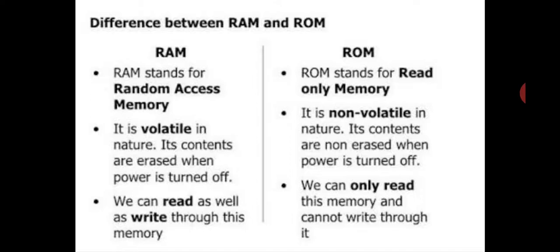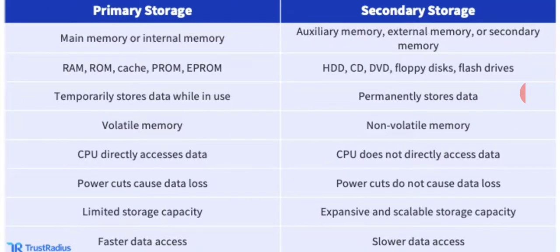Then, what is the need of having a secondary memory in the computer? Is this question arising in your mind? So let us compare the primary memory and the secondary memory of the computer. The primary storage or the main memory of the computer is also called the internal memory, whereas the secondary memory is called the auxiliary memory or the external memory of the computer.